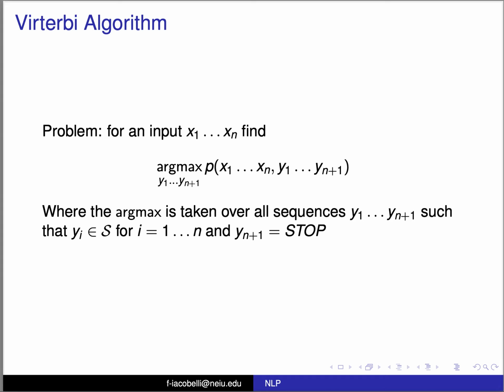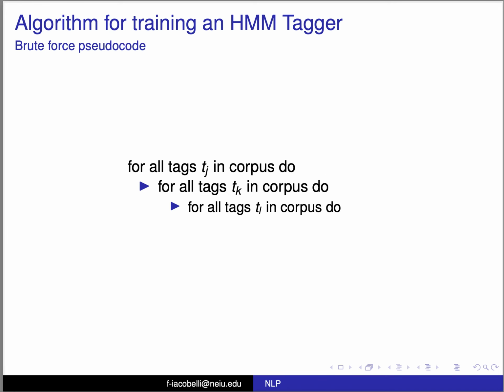Now, the Viterbi algorithm is a way to find this argmax without having to loop through all possible combinations of the tags. One way would be to go over all possible combinations of 3 tags and find the probability for all tags in S and stop.